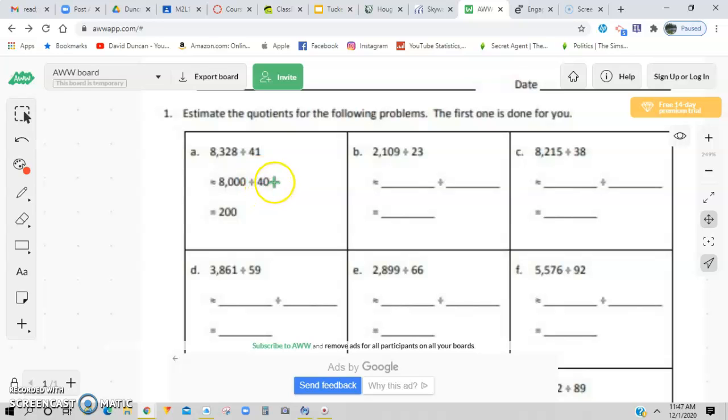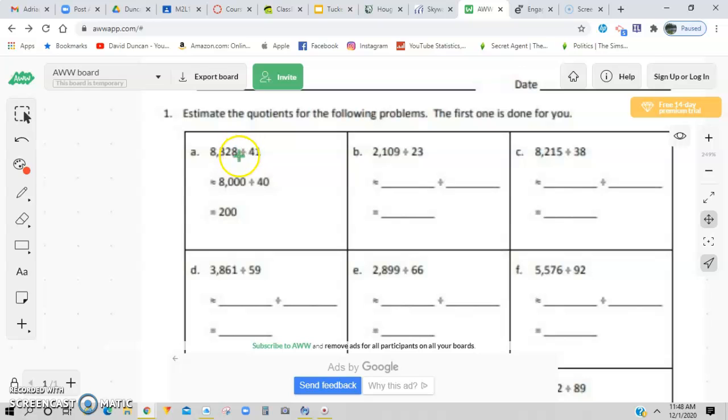And now that I have my 40, I need to know what can I round my dividend to that's easily divided by 40. Not what is it closest to, but what can I round it to get something that's easily divisible by 40.